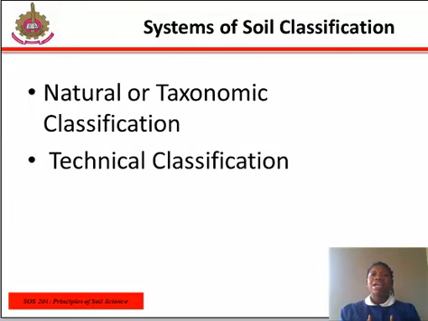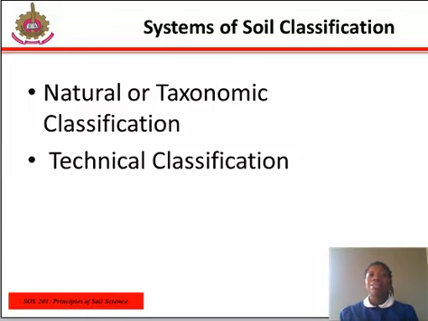There are two broad kinds of soil classification: natural or taxonomic classification, which is also termed scientific classification, and technical classification.